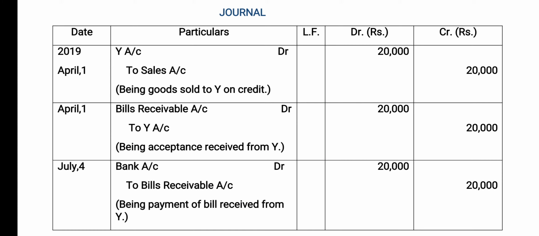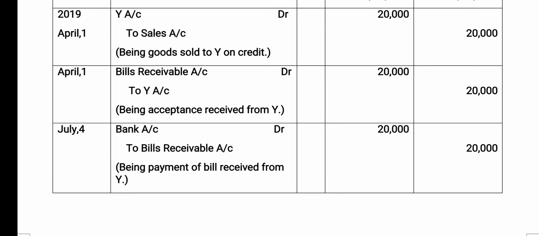Now in the third entry you will write the date of maturity, because now Y is going to make the payment to X. So the date will change in the third entry, that will be July 4th. Bank account debited to bills receivable account, being payment of bill received from Y, and the amount will be rupees 20,000.